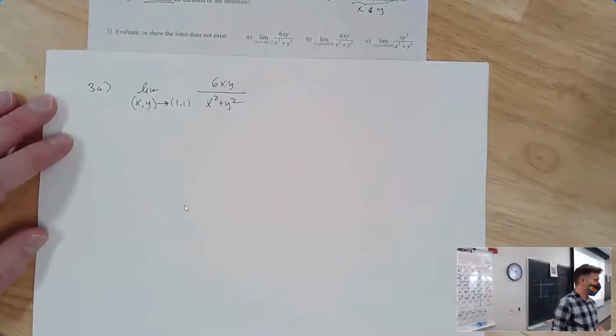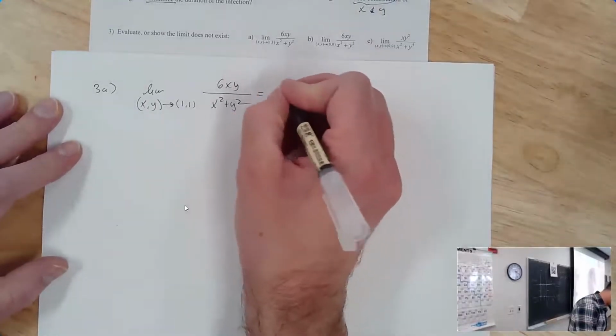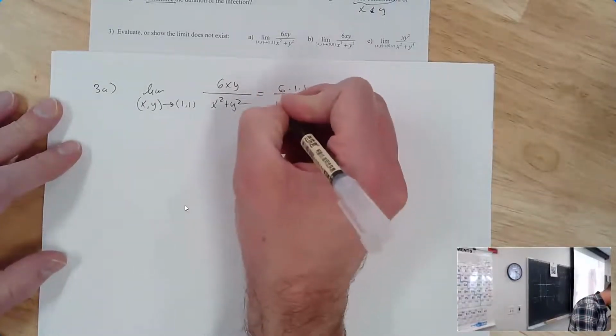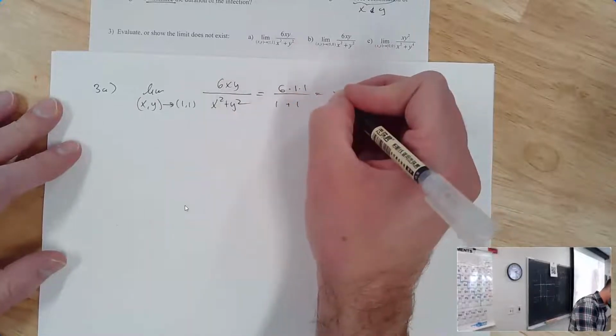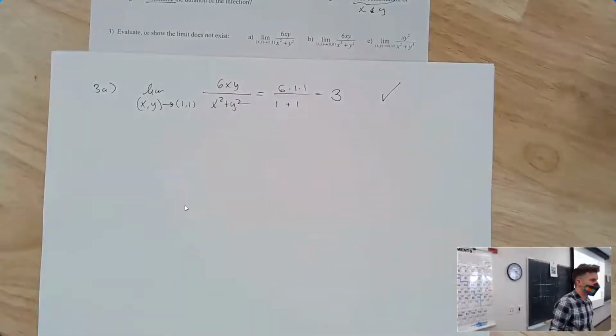If I plug in (1, 1), do I get a real number, like not 0 over 0? I sure do. I get 6 times 1 over 1 plus 1, which is 6 over 2, which is 3. Check. Done. You can just plug it in and get a real number out. That's your answer.